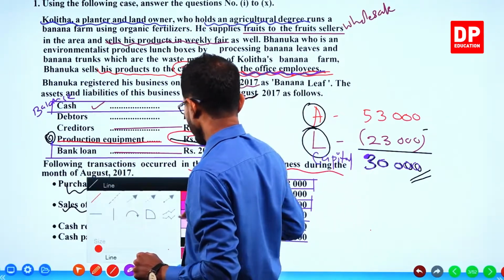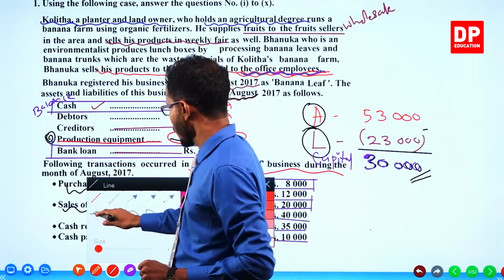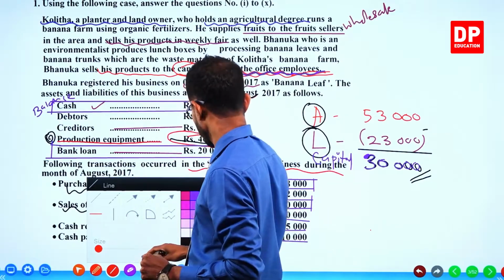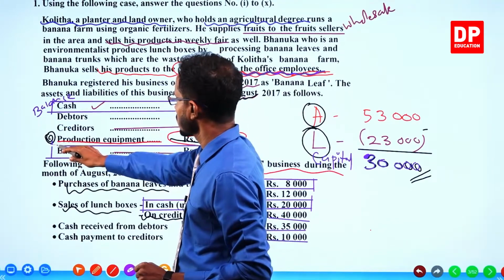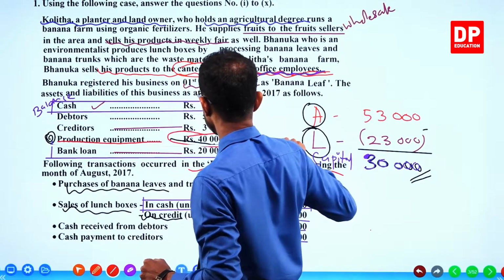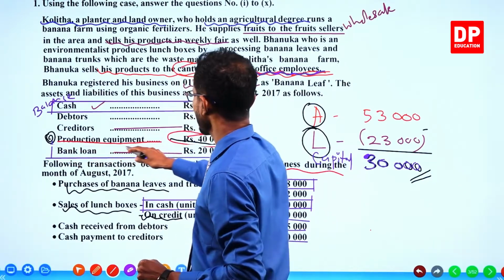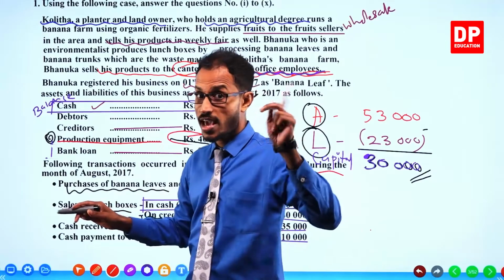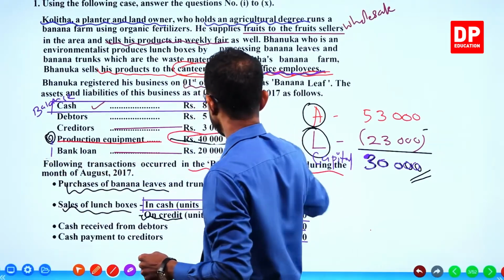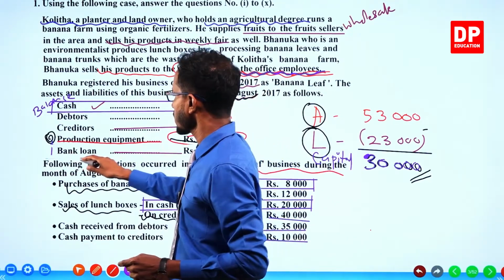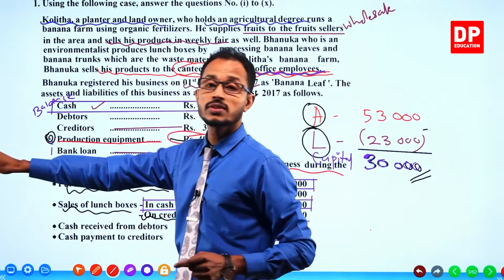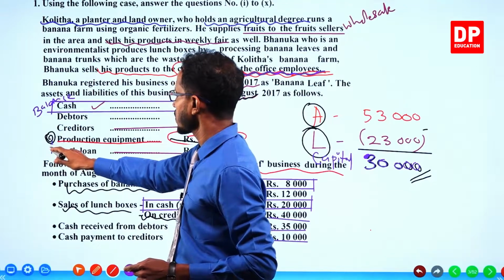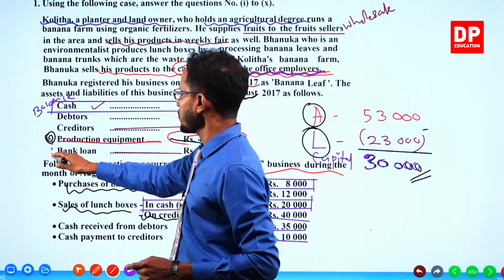Now I'm going to undo the bank loan which I marked, because bank loan we cannot take to the cash book. It was not taken during the month. It was already there. I hope you got this, children.